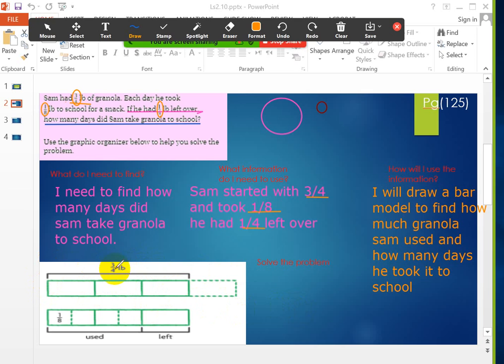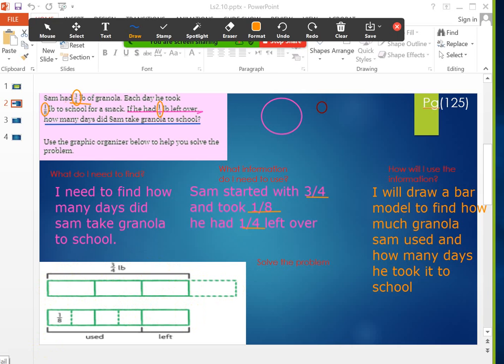This is 3/4 pounds, because the whole is divided into 4 equal parts. We have to choose only 3 parts, and the same model I have to divide into 1/8 amounts.